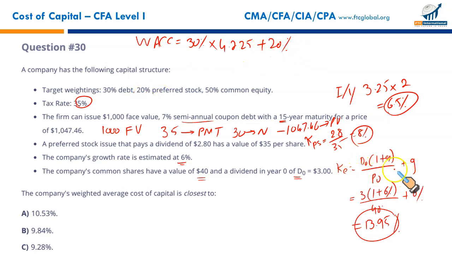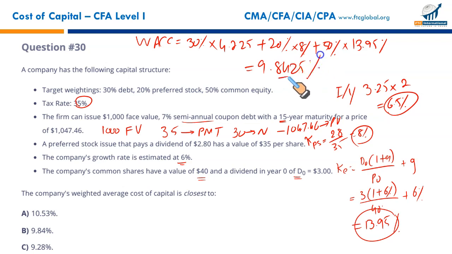The cost of preferred stock is 8%, plus cost of equity 13.95%, and it is a total of 50% of your total funding. So 0.3 times 4.225, 0.2 times 8 plus 0.5 times 13.95 gives you 9.8425.